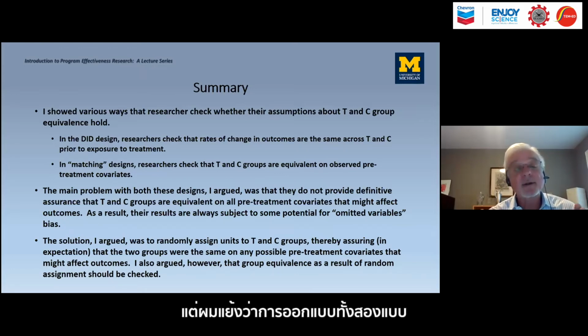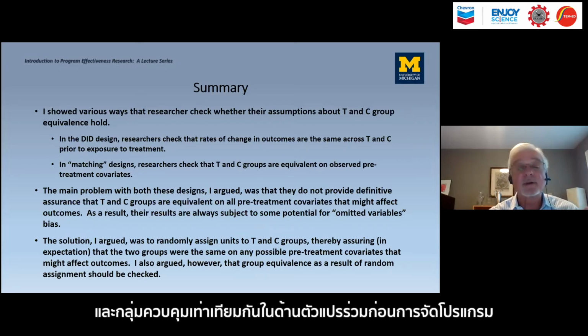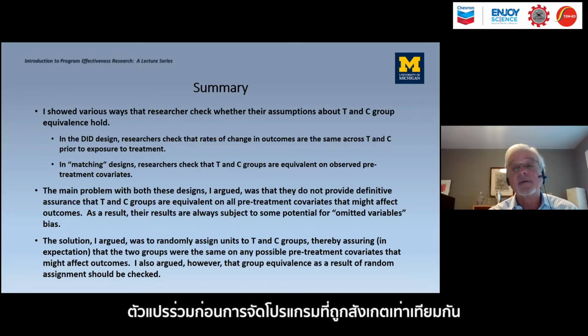But I argued that both designs cannot definitively assure you that the treatment and control groups are equivalent on all pre-treatment covariates. Some, especially matching, show you that they're equivalent on observed pre-treatment covariates, but not all pre-treatment covariates.